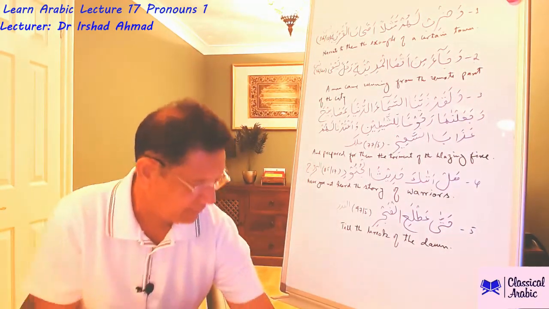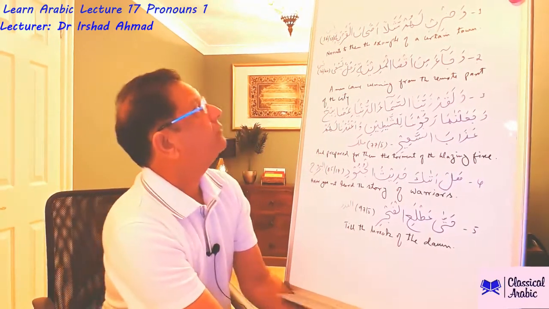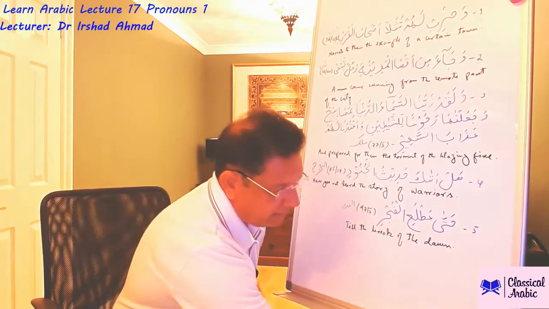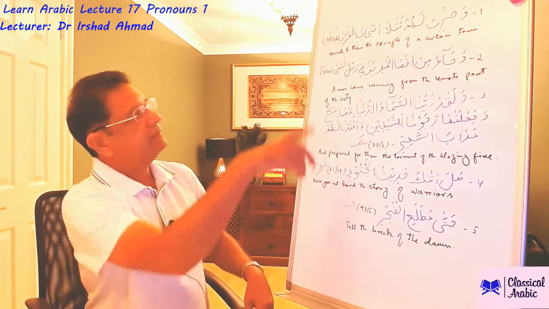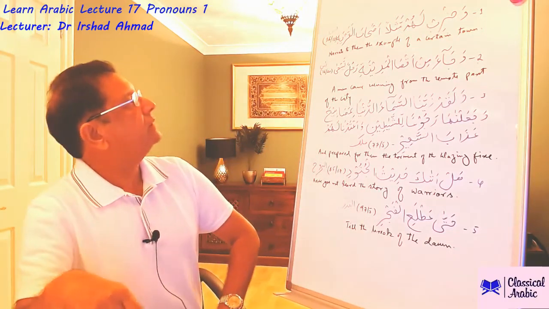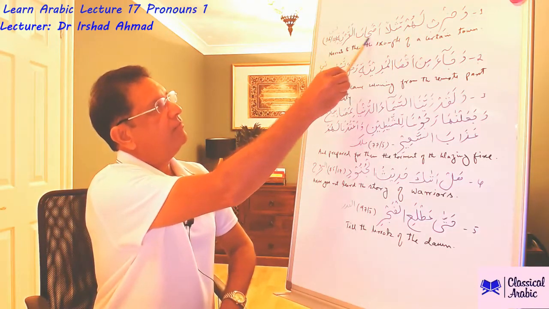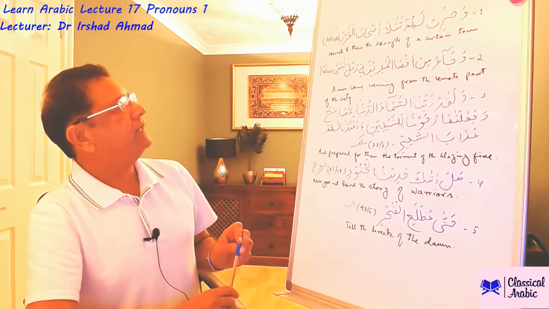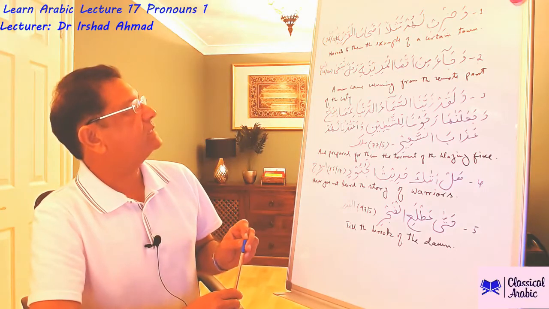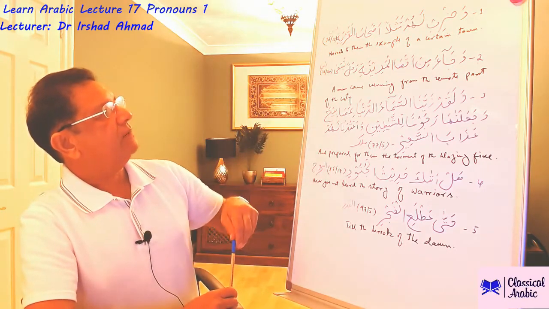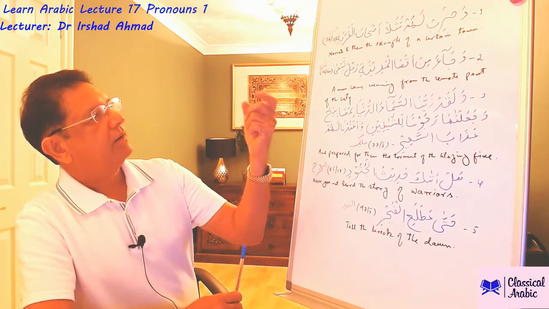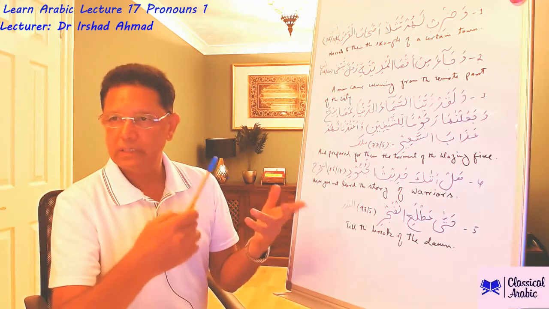The first example here is from Surah Yasin and ayah number 13. وَضْرِبْ لَهُمْ مَثَلًا أَصْحَابَ الْقَرْيَةِ. One of the translations is, narrate to them the example of a certain town, a certain village.